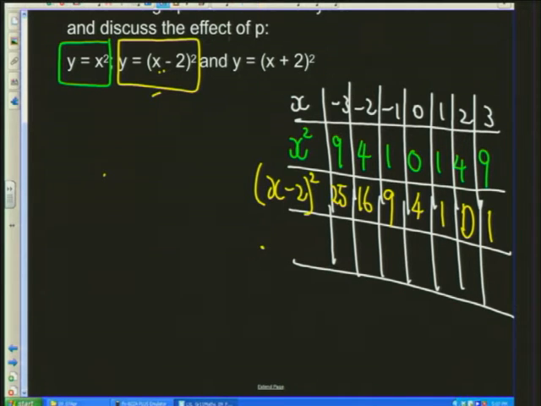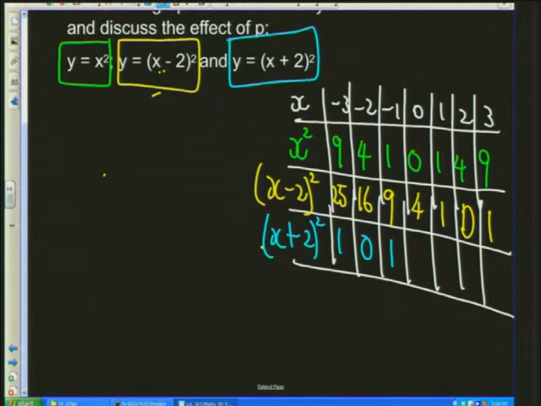And then this graph over here, we must add 2. So x plus 2, let's just see why this is curling here. Let's just get that there, plus 2 squared would be -3 plus 2 is -1 squared is 1. -2 plus 2 is 0. -1 plus 2 is 1, so we'd get 1.